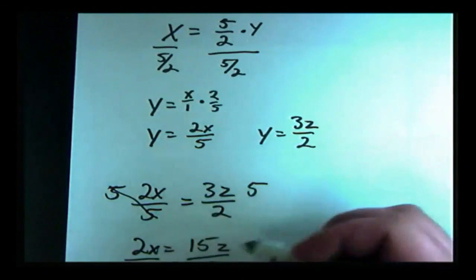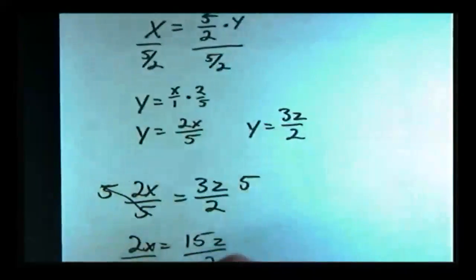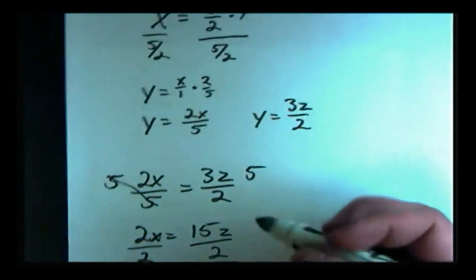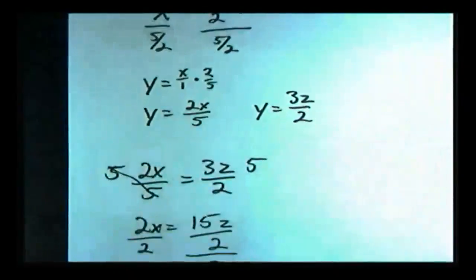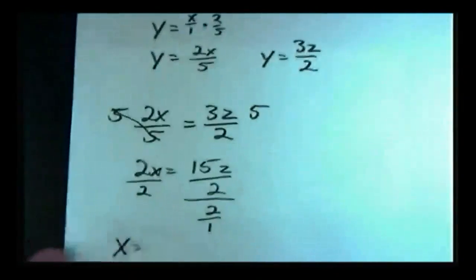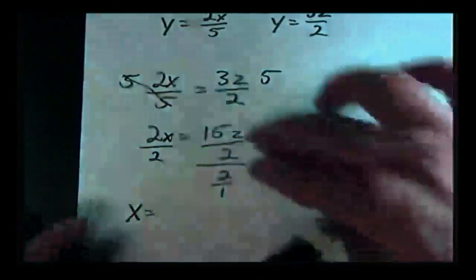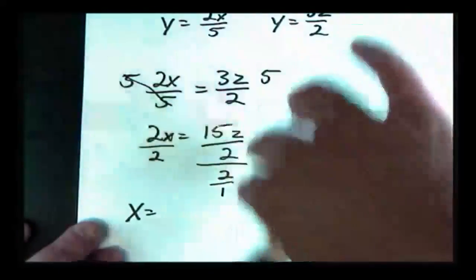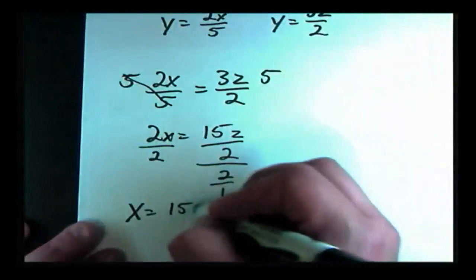Divide out the 2. So now I have x is equal to, when you divide fractions, you multiply by the reciprocal. So I still have 15 over 2, but I'm multiplying it by 1 over 2. So I have 15z over 4.